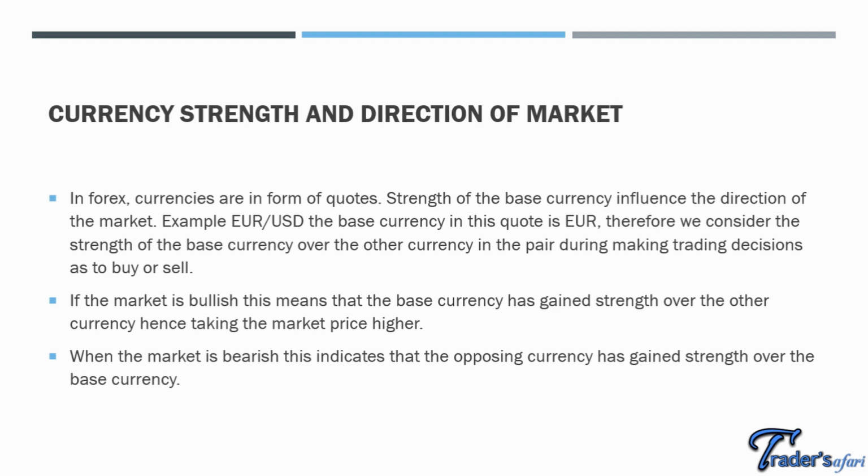In forex, currencies are in the form of quotes. The strength of the base currency influences the direction of the market. Example, euro dollar: the base currency in this quote is the euro. Therefore, we consider the strength of the base currency over the other currency in the pair when making trading decisions as to buy or sell.